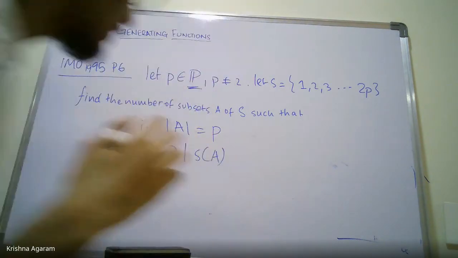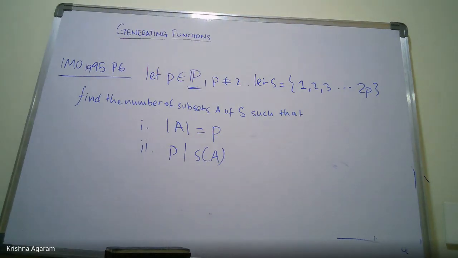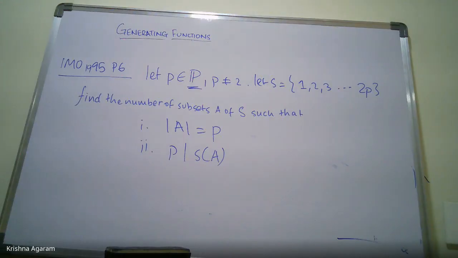Where S of A means the sum of the elements in A. So basically, this is the statement. Okay, fine. So now we have two variables to think of.